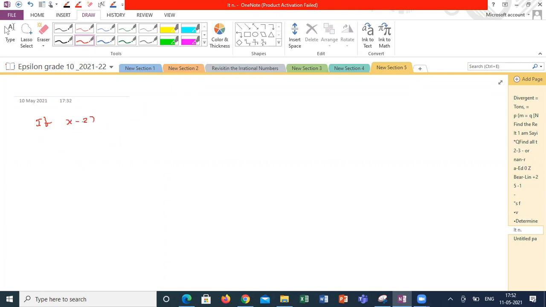x minus 2 is a factor of 2x cube minus x square minus px minus 2. First question, find the value of p.